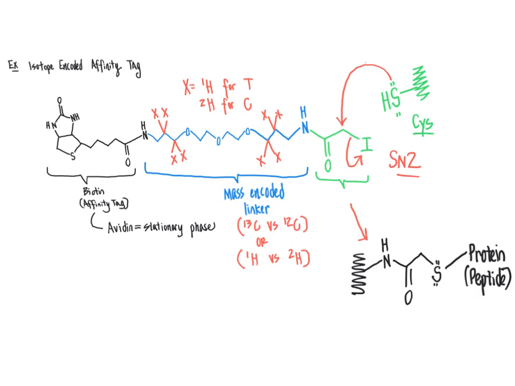So no one proteomics technique is absolutely perfect in terms of its ability to detect all of the proteins within a sample, but generally speaking, these isotope encoded affinity tags will allow us to detect a wide range of different proteins or different peptides and enable us to do it in a way that is suitable for determining the relative quantities of material of specific protein between treatments and controls.